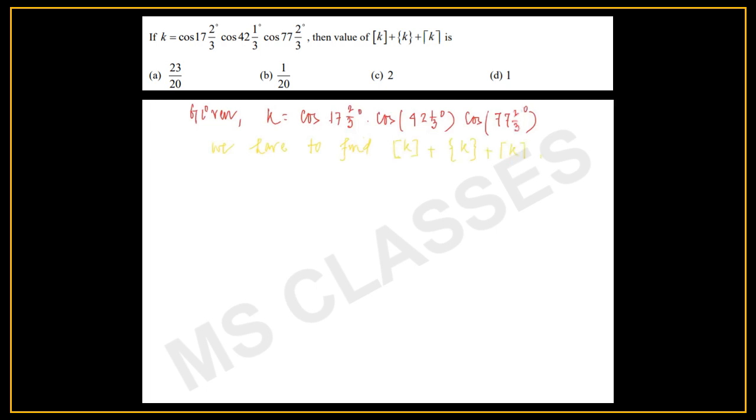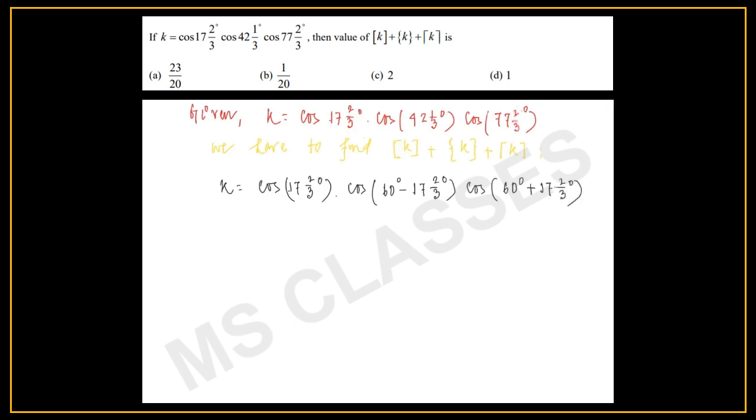So here we can express the given expression as k equals cos 17 2 by 3 degree into cos of 60 minus 17 2 by 3 degree into cos of 60 degree plus 17 2 by 3 degree.